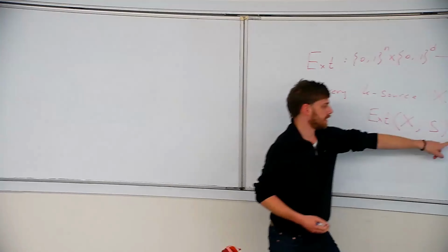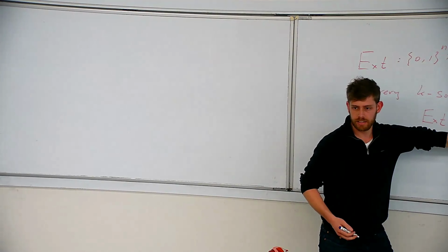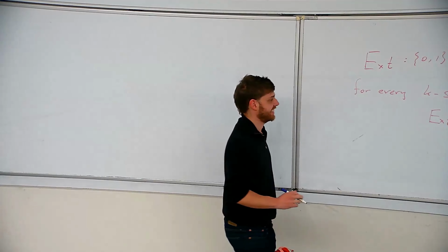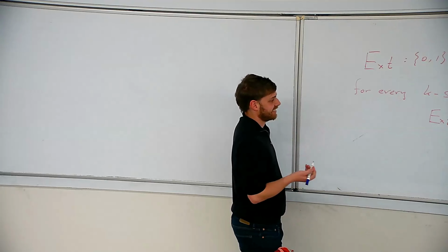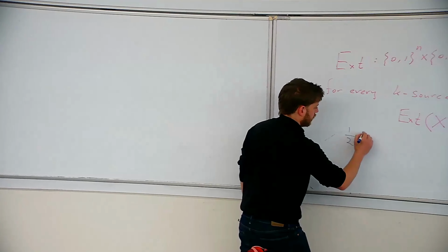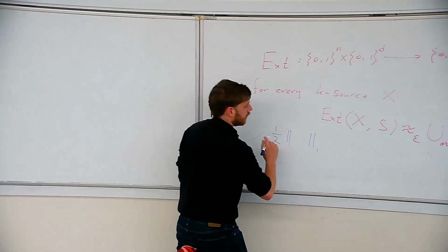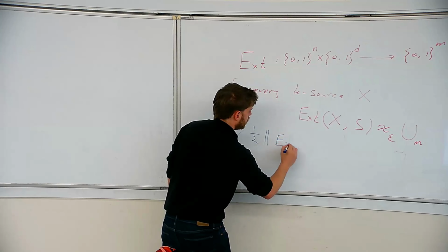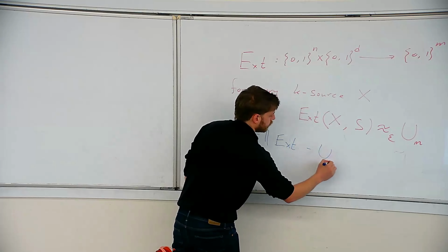And what does this symbol mean? Statistical distance. It can be written as the norm 1 of the extractor minus the uniform distribution.